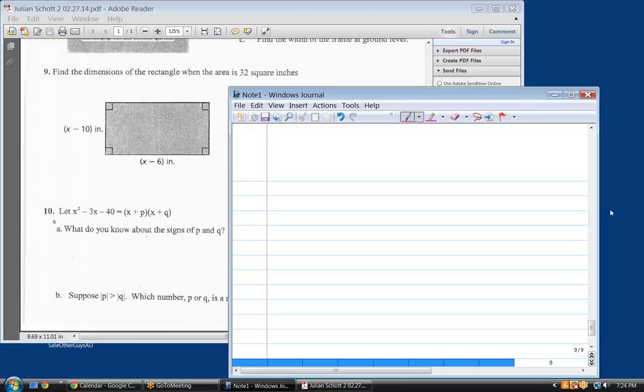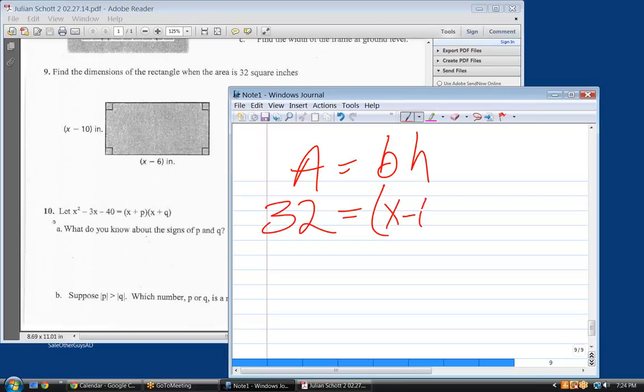Multiply the base and the height, because area equals base times height. They've given us the area is 32. What's the base? x minus 6. What's the height? x minus 10.